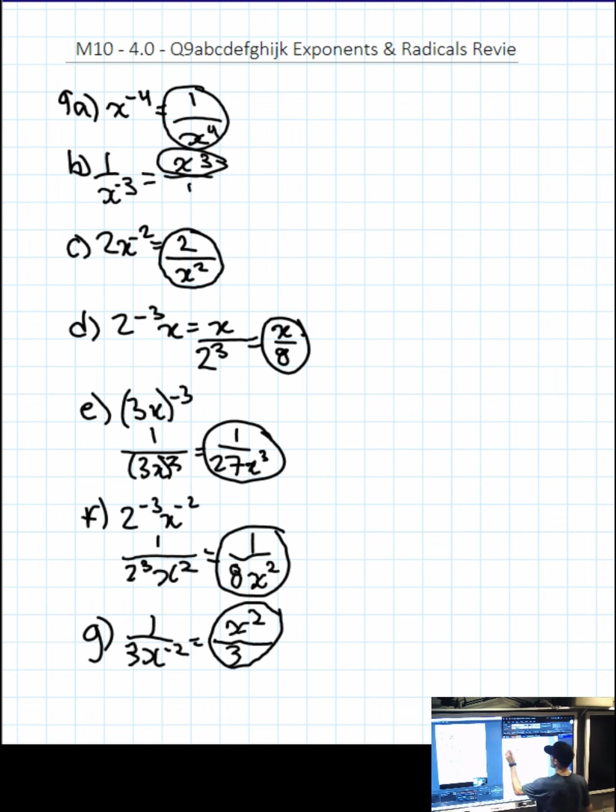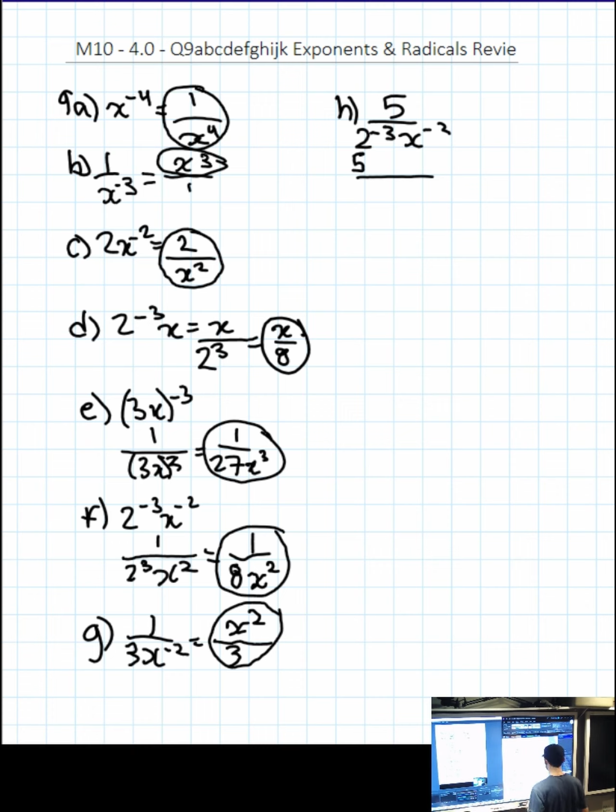So H. So this time we have 5 over 2 to the negative 3, x to the negative 2. Now again, we're going to start off with a fraction. So we have a 5 on the top. I'm going to leave it there. Now we have a 2 to the negative 3.